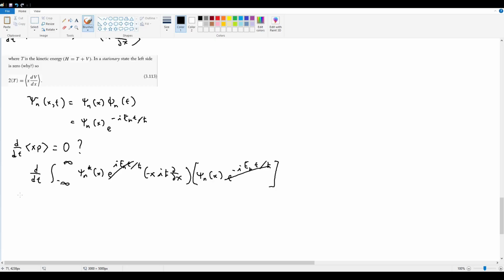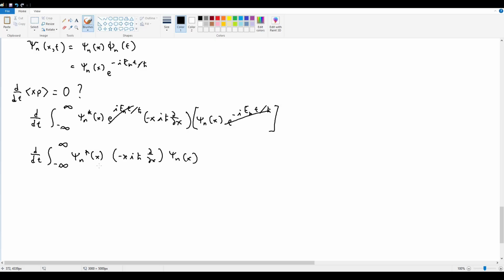So now what you have is d/dt of the integral from negative infinity to positive infinity of psi n star of x times negative i h bar x d/dx of psi n of x, like this, right? Okay, so in that case, what we can do now is plug this in.